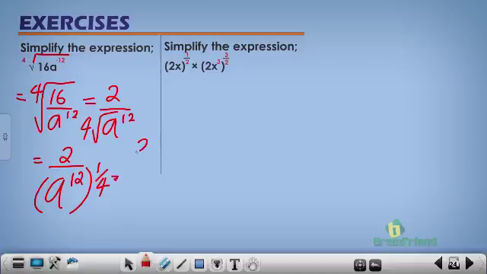This, of course, is a raised to power 12 times 1 over 4, and this gives us 2 all over a raised to power 3. That would be our answer.